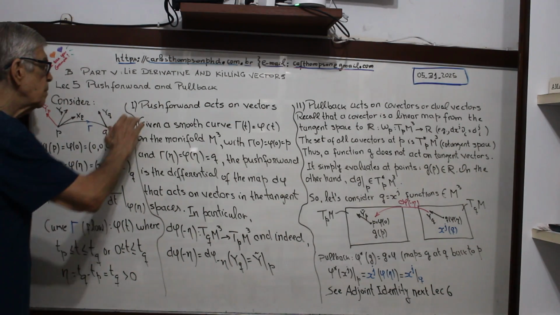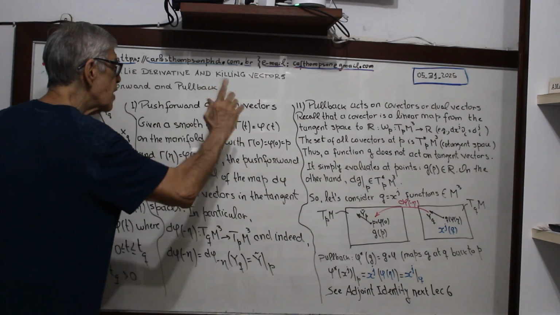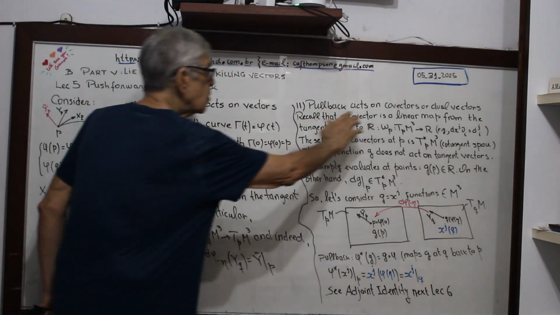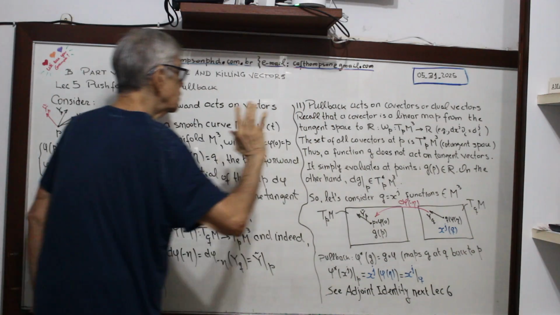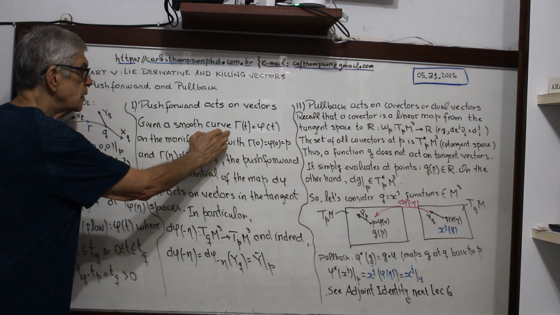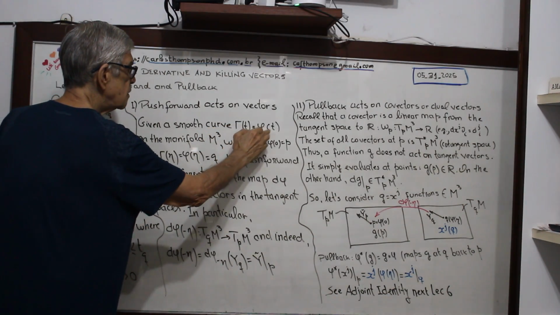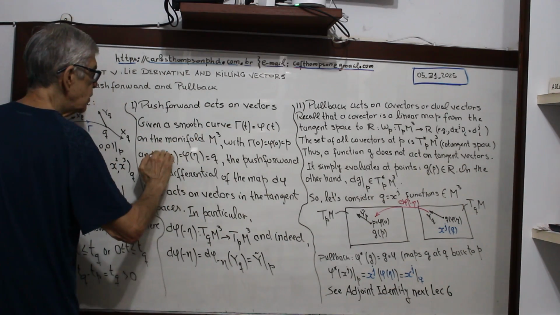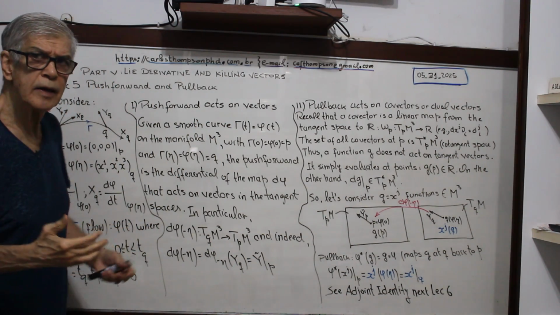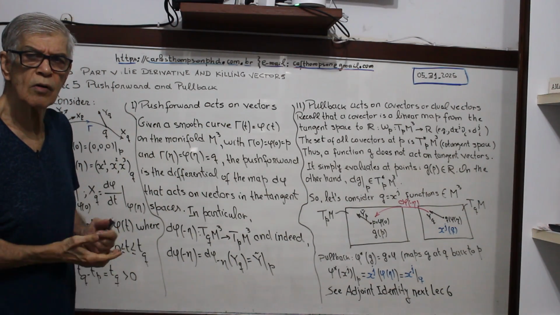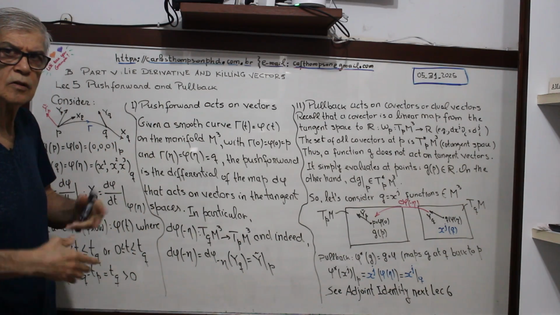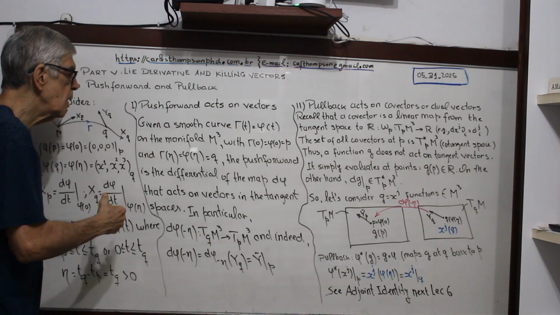So first, push forward acts on vectors. That's important. Pull back acts on covectors or dual vectors. So given a smooth curve gamma of t, which is phi of t on the manifold M3, we apply here the particular case of three dimensions. We could extend this to the fourth dimension.